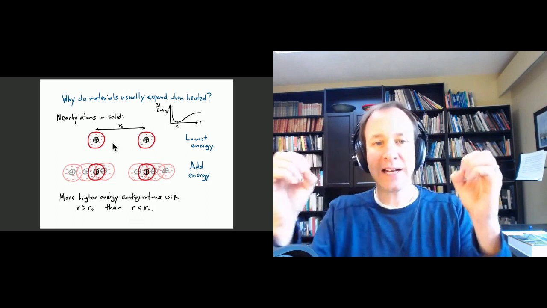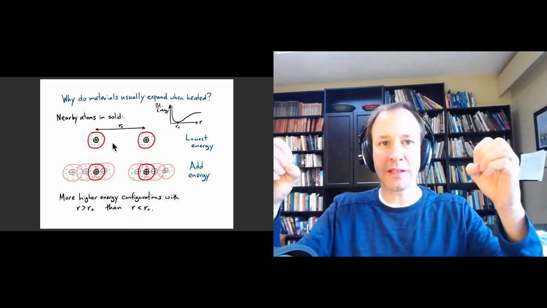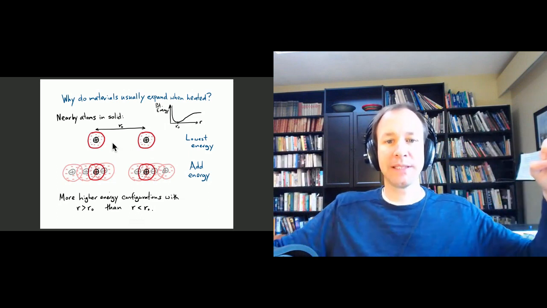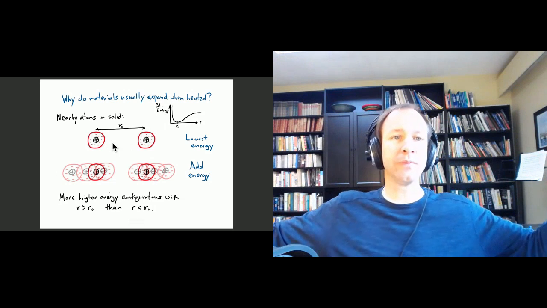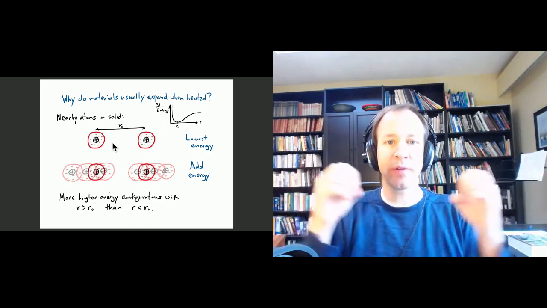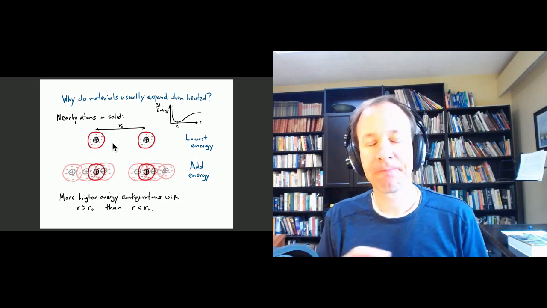But if I have two atoms in a solid, then those are usually neutral molecules. And with neutral molecules, what happens is that they're going to attract each other at large distances, but repel each other at short distances.